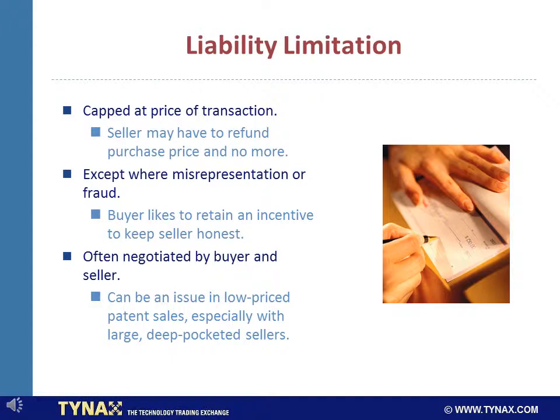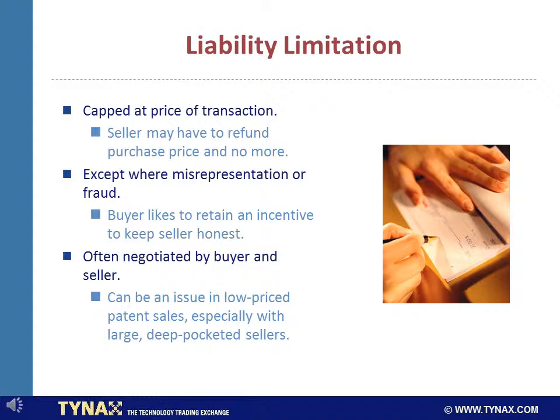The seller is liable to refund the buyer for the cost of the patents and no more, in many situations. There's usually an exception that increases the liability in the case of deliberate misrepresentation or fraud. The buyer likes to retain an incentive to keep the seller honest.